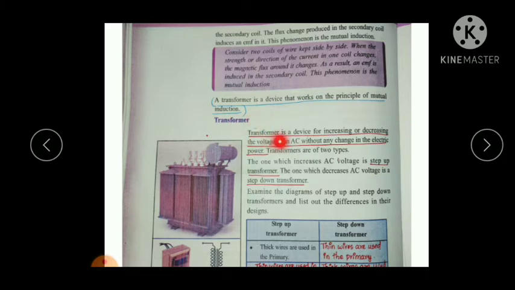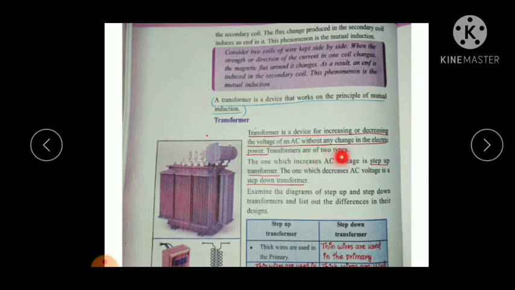A transformer is a device for increasing or decreasing the voltage of an AC without any change in the electric power. So without any change in the electric power, the transformer increases and decreases the voltage of an alternating current. In order to increase or decrease the voltage of an AC, we can use a transformer.